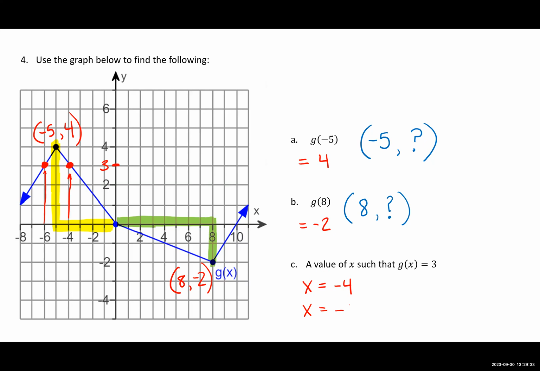So when x is -6, the y value is also +3. And there's another answer because of this arrow right here. Right? We can't figure out that answer based just on this graph right now, but if we continue in this direction, there's going to be another point that has a y value of 3. Right, so we don't have all of the answers, but here's two possible answers to this problem.